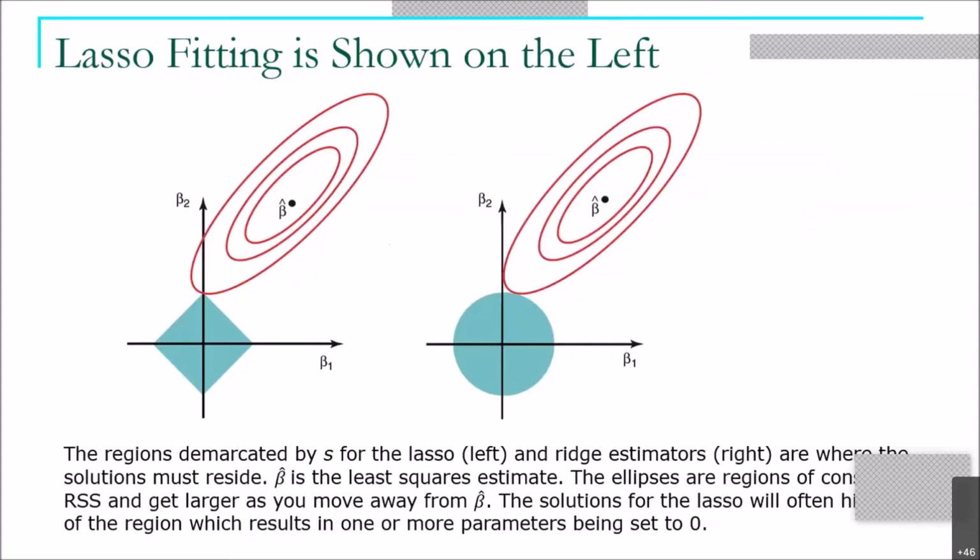That's because the ridge estimators are minimizing the squared values of the beta parameters. Lasso fitting is shown on the left, and it's a completely different kind of problem in applied mathematics.